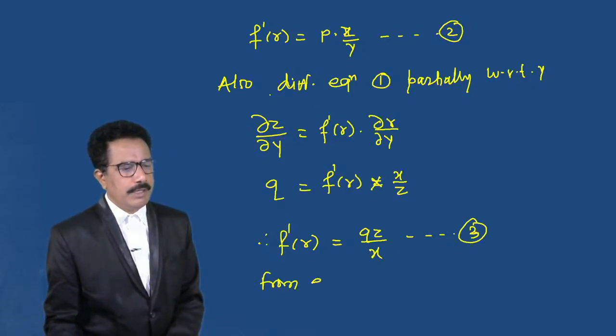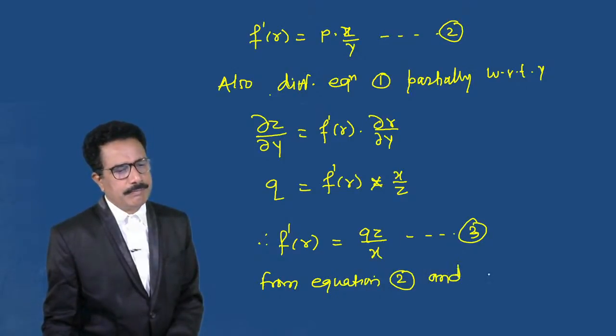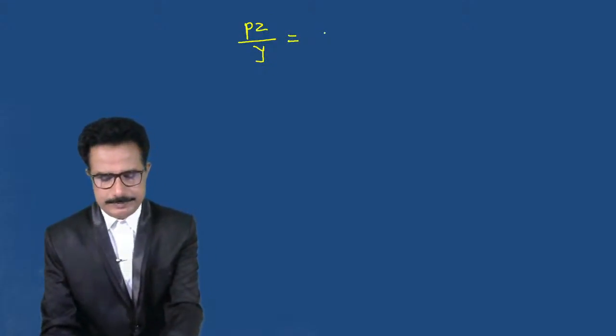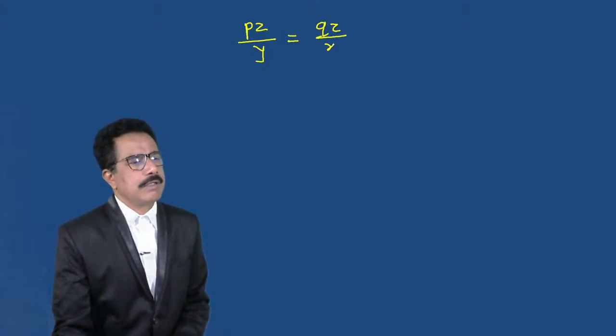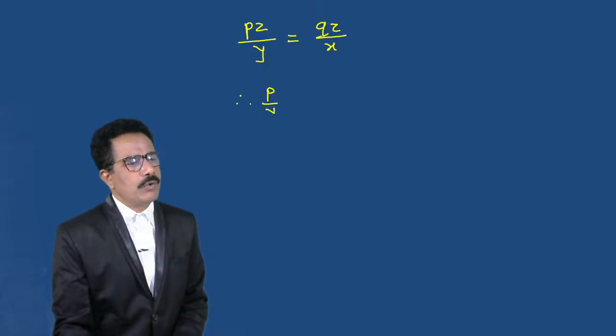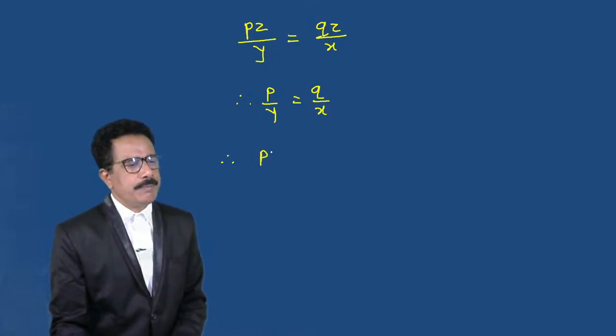From equations 2 and 3 we can write, the left side is the same, so p z divided by y is equal to q z divided by x. So p upon y is equal to q upon x. So we can separate this: p x is equal to q y.